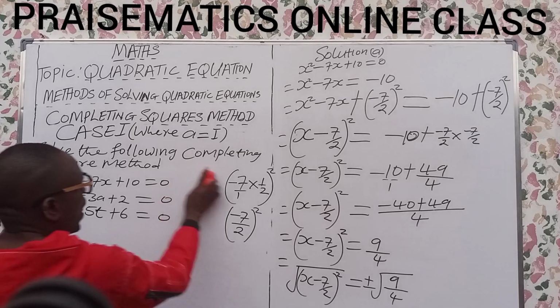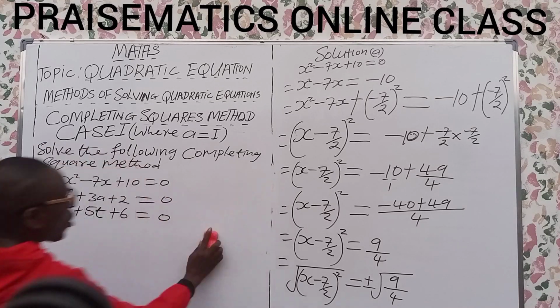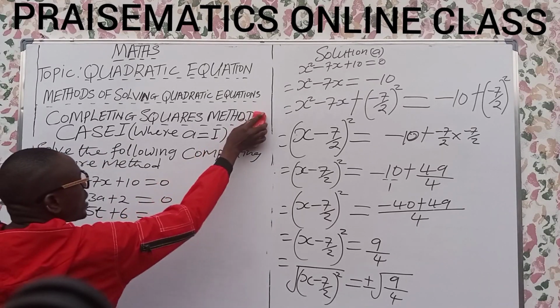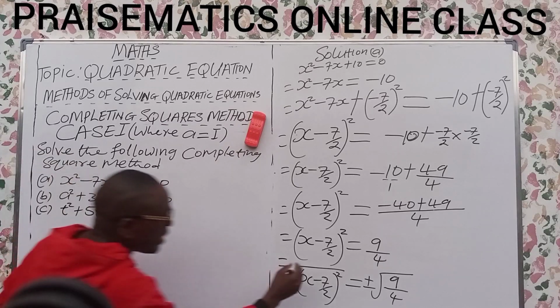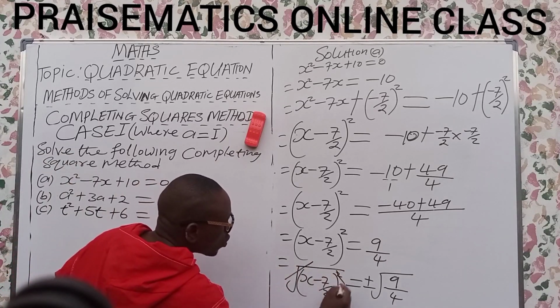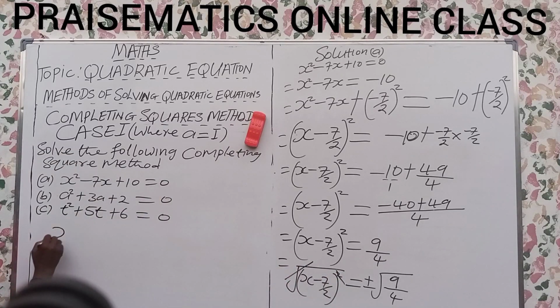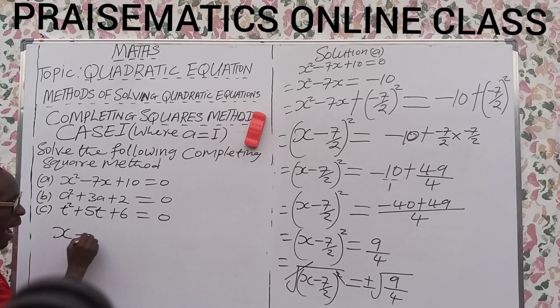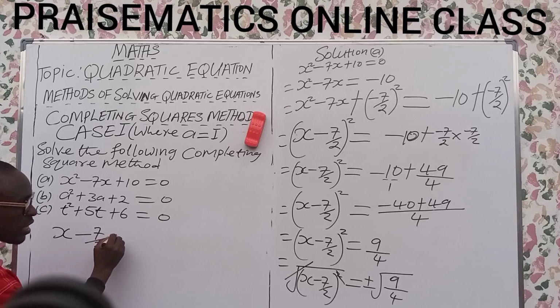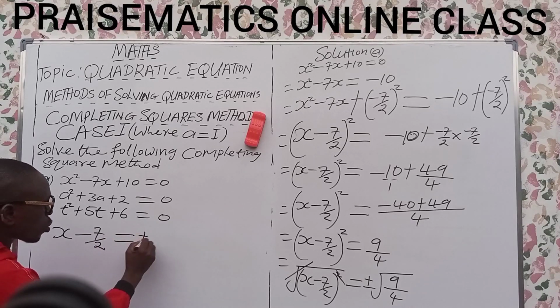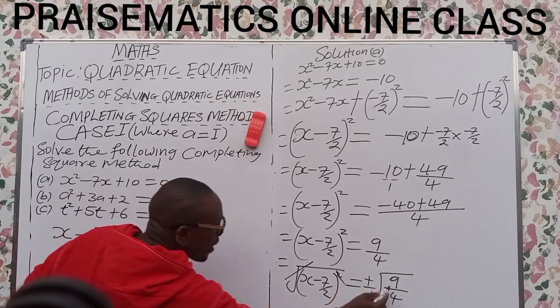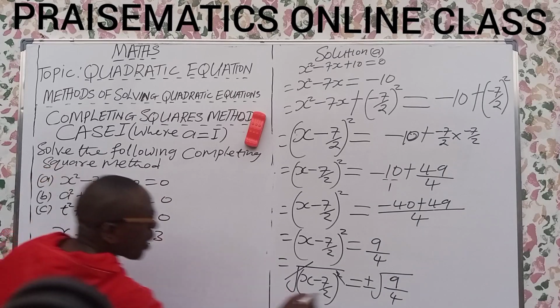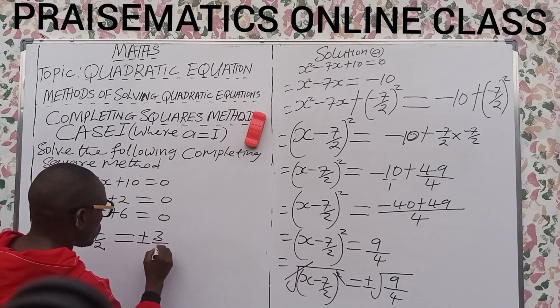Okay. Finally, we are going to complete it here. This square root will cancel this square. We are left with what? x minus 7 over 2 is equal to plus or minus square root of 9, which is 3, over square root of 4, which is 2.